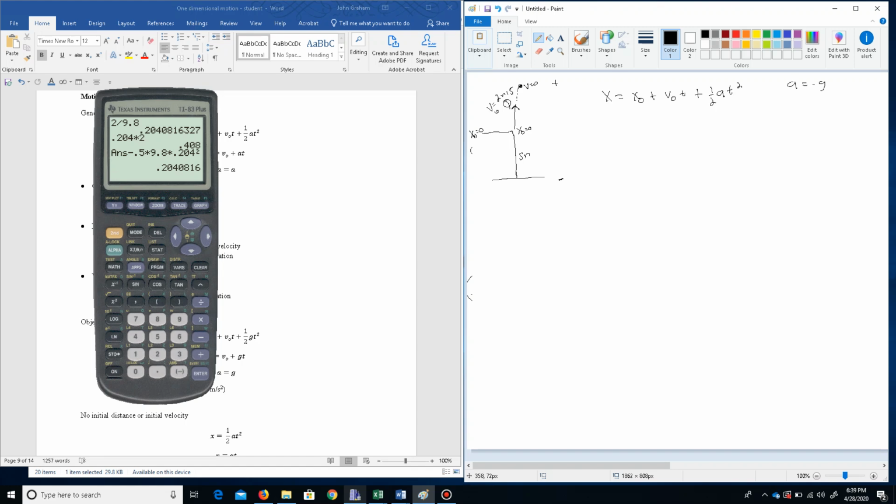And what I'm going to say is x sub 0 equals 0. X is going to be a negative 5. So negative 5 equals 0 plus your initial velocity of 2 times time, which is a different time because it's going the whole length, minus 1/2 gt squared. I could have also switched this and put the x sub 0 down here and made x 0, and then it ends up at 0.